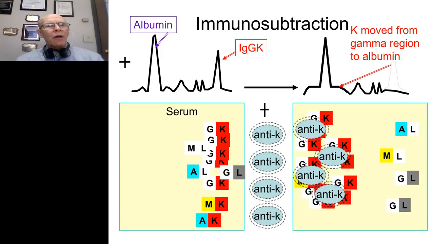Because of their bulk, they migrate more slowly through the capillary and are now found in the albumin region. The image below shows that only lambda-containing molecules remain in the gamma region as they pass by the detector. In effect, the M spike has been immunosubtracted with anti-kappa, letting you know that kappa is a major component of this spike. Let's see how that works in practice.